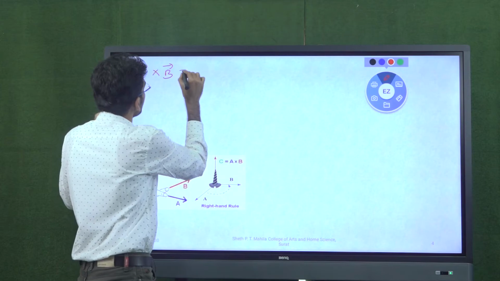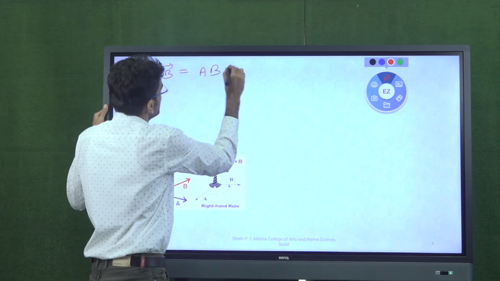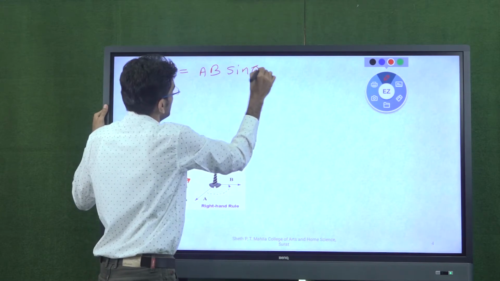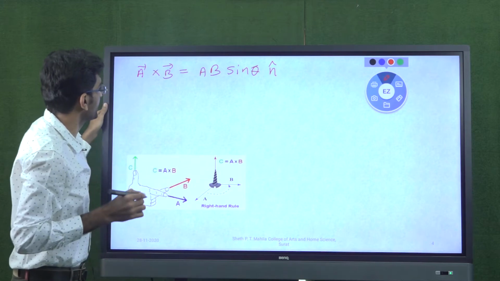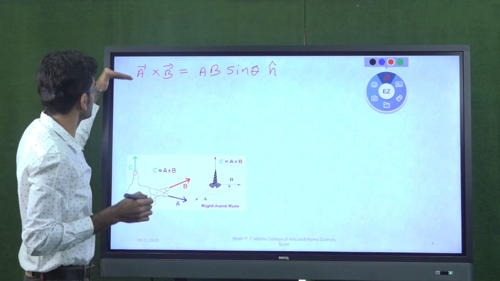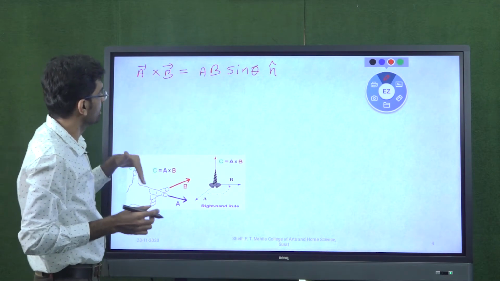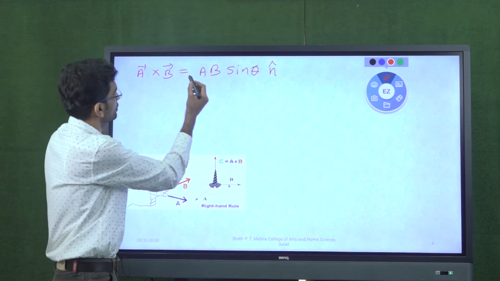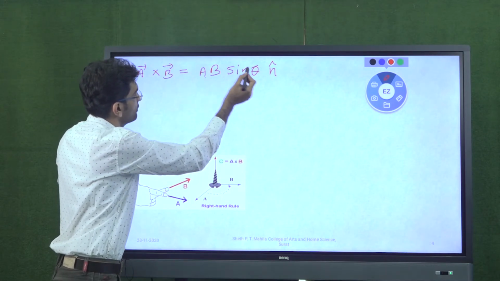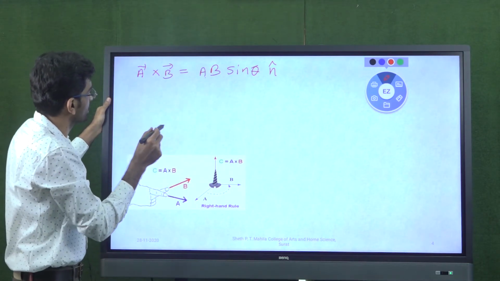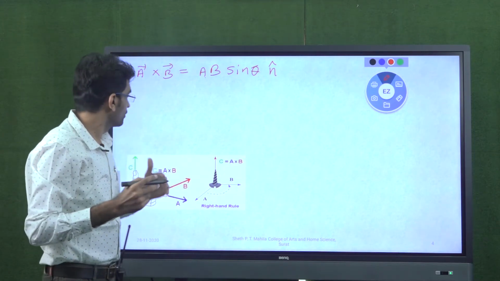So, A cross B is equal to AB sine theta multiplied by some unit vector in the direction perpendicular to the plane of A cross B. Okay, that we will understand later on. Here, focus on this: magnitude of vector A, magnitude of vector B, and sine of the angle between these two vectors will give you the vector product of these two vectors.